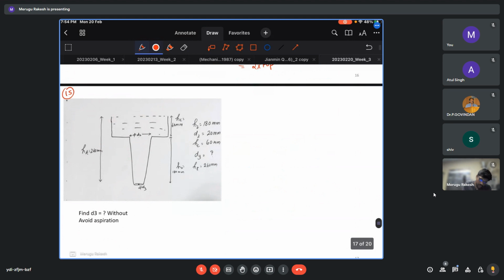So in this, they are asking this diameter D3 without aspiration, and everything is given in the question itself. Okay, so we need to know that formula, that is the ratio, or we just remember some h, some A by A. So this is how it looks.